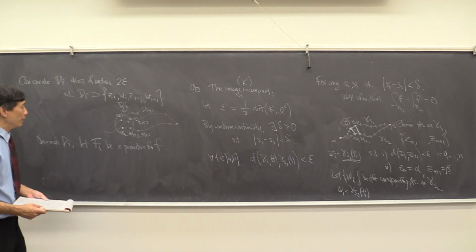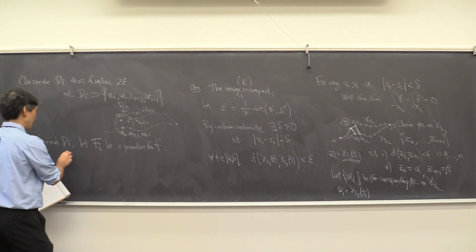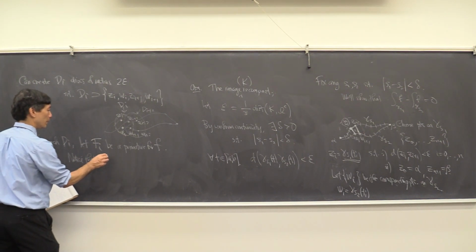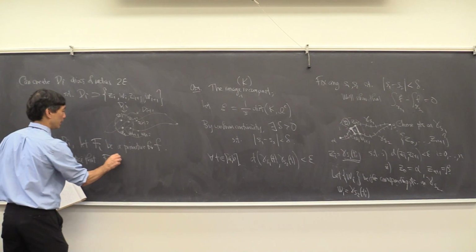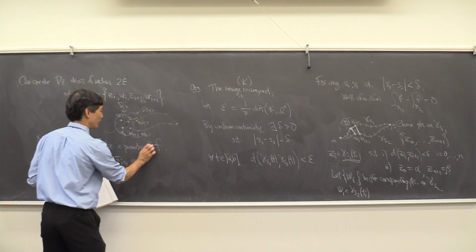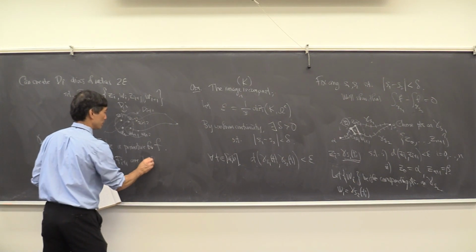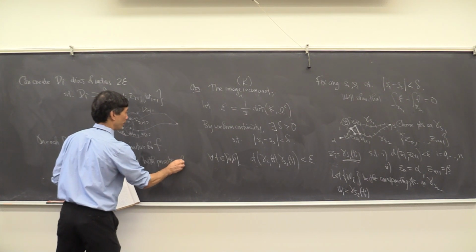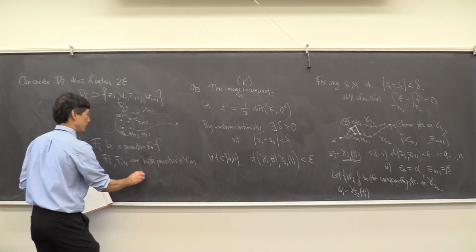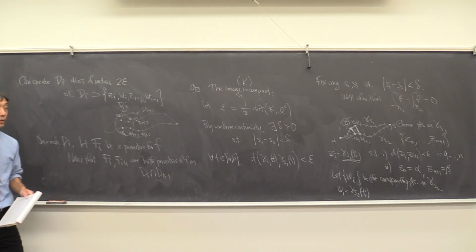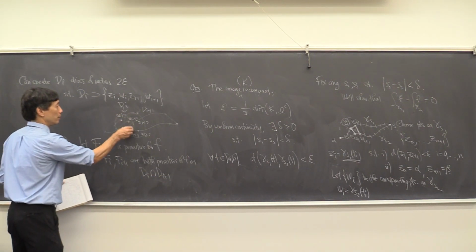Okay. So notice that both F sub i and F sub i plus 1 are primitives of f on the intersection of the two disks, right?